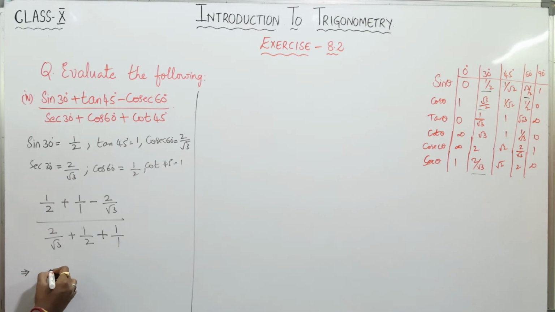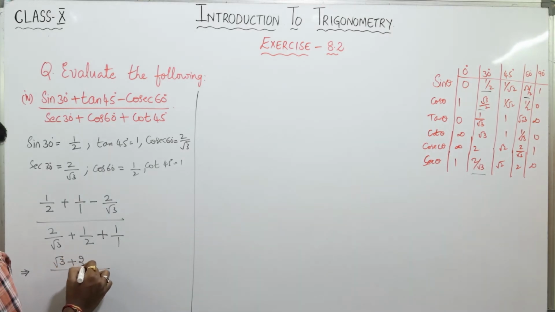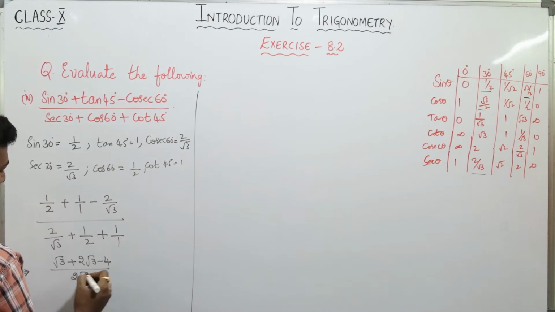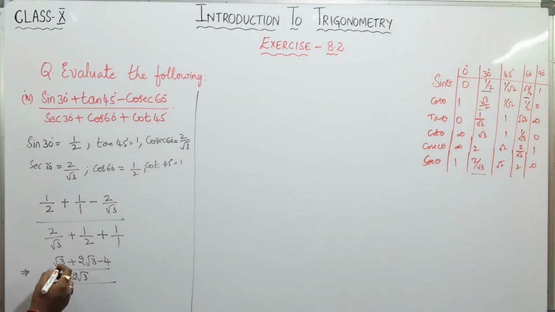Now take the LCM. The numerator with 2 root 3 will be the LCM. Then it is root 3 plus 2 root 3 minus 4, and in the denominator it will become 2 root 3 again as LCM. Okay, so it will become 4 plus root 3 minus 2 root 3, so it is plus 2 root 3.